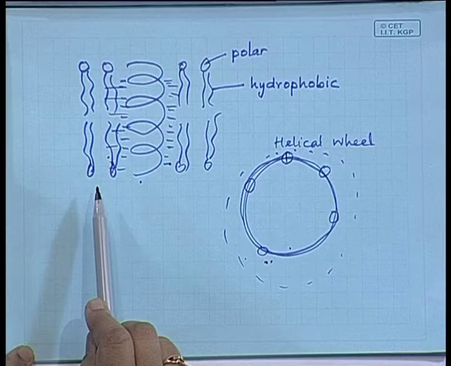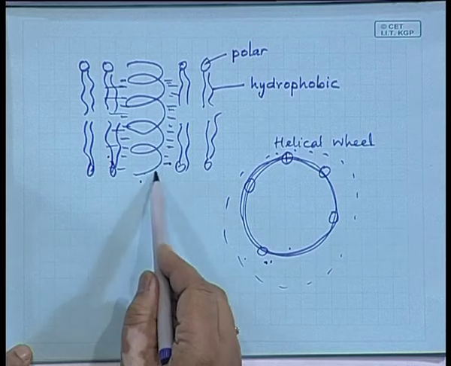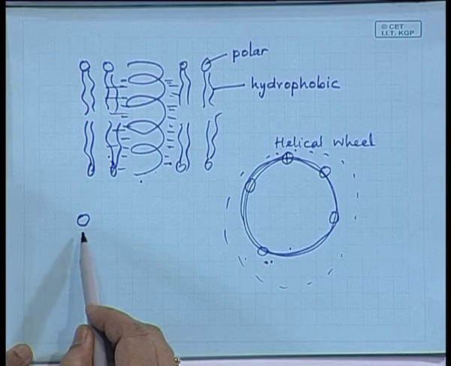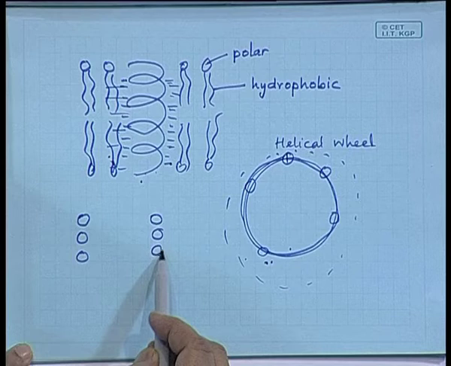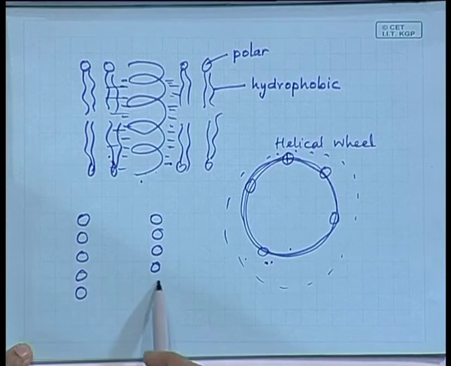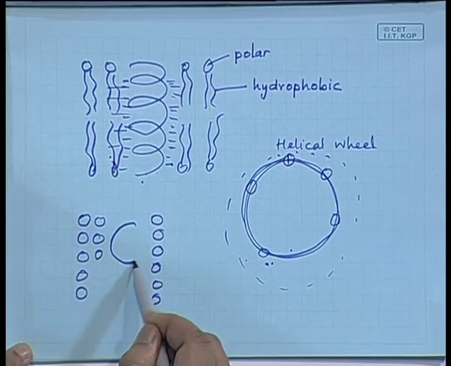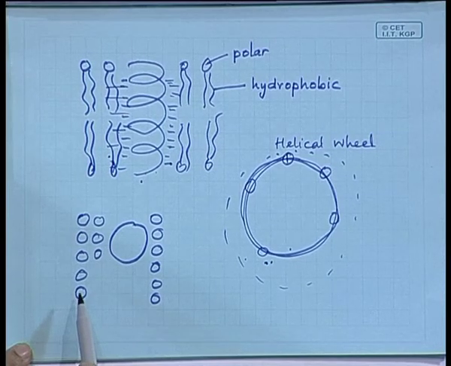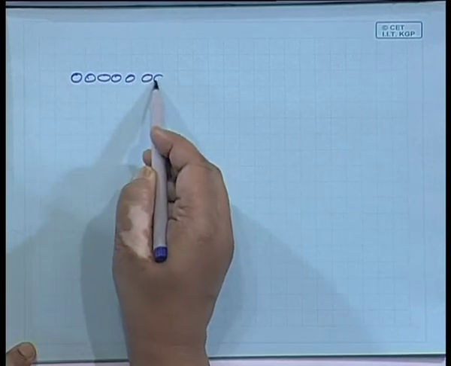Okay? Now, if we have it such that I have 4 helices here, say. If I am looking from the top down, these are my polar heads, say. Okay? And I have my helix here. That is also possible, because you have to remember that your surface actually looks like this. If I look at the membrane, it looks like this from the top.